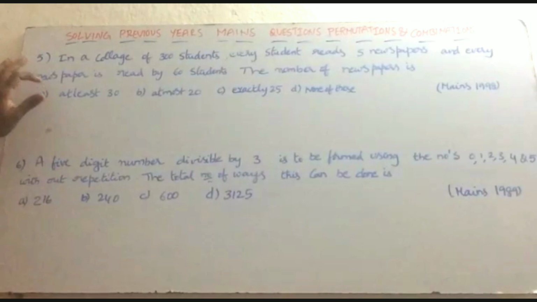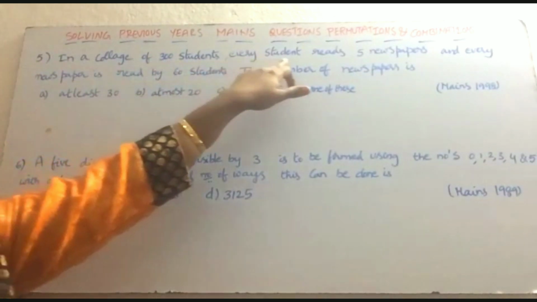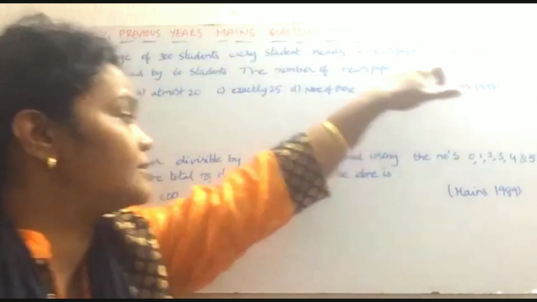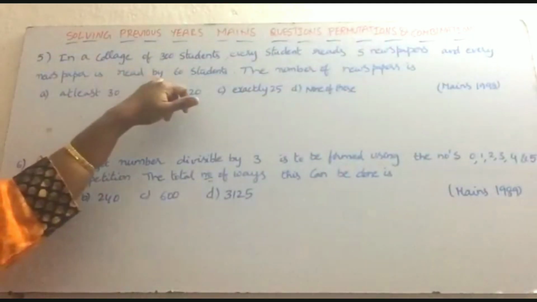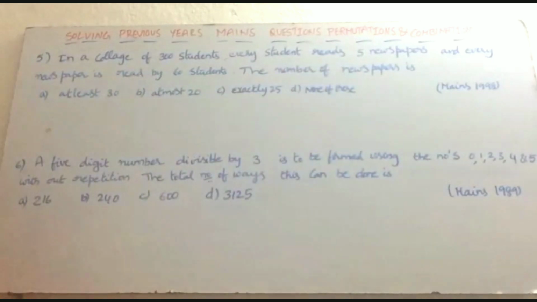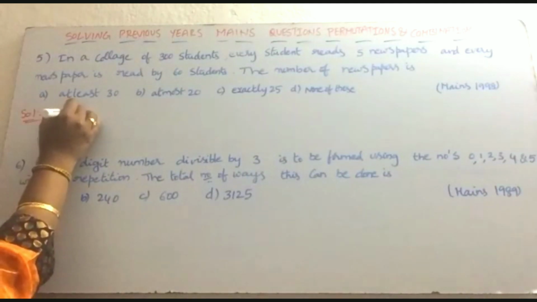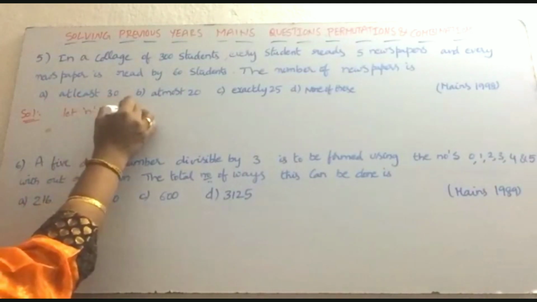So next problem. In a college of 300 students, every student reads 5 newspapers and every newspaper is read by 60 students. So the number of newspapers is, so let n be the number of newspapers.